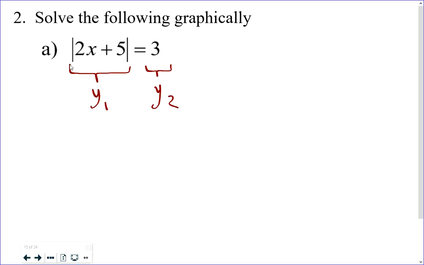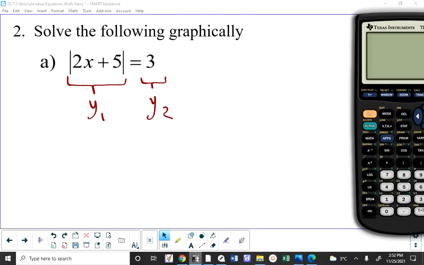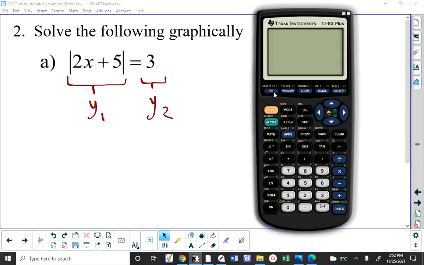There's another way to do it, which I can show you in a bit maybe, but I think this is the simplest approach. So if I go to y equals and clear out anything here, I can put 2x plus 5. Well, no, absolute value of 2x plus 5.